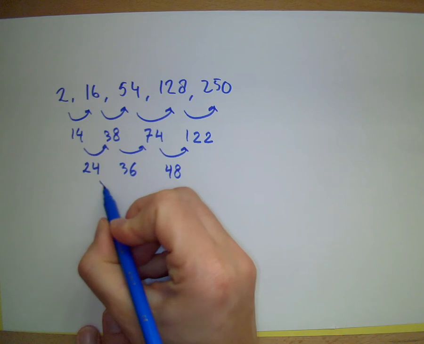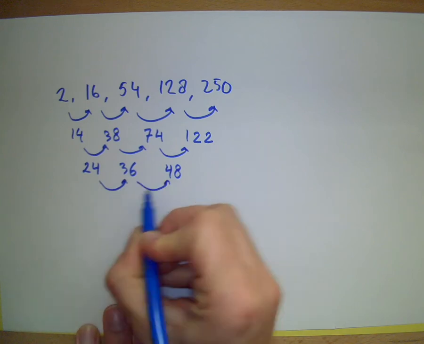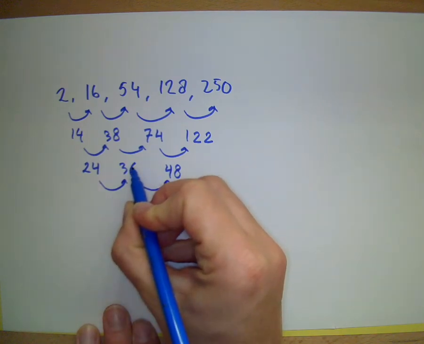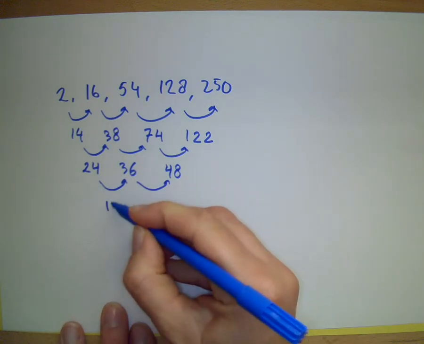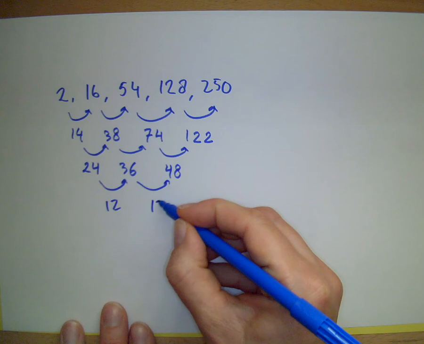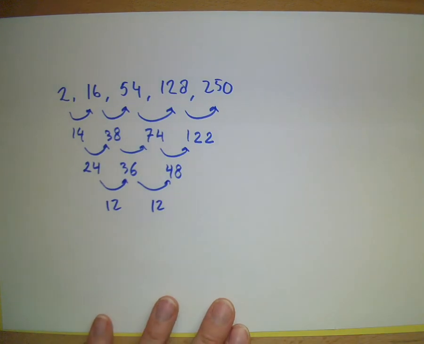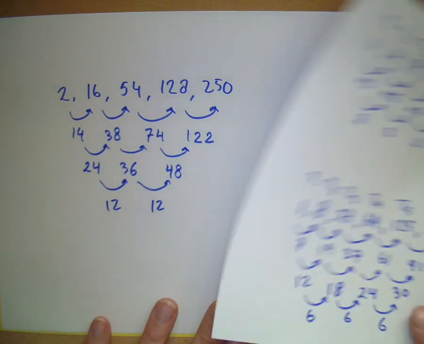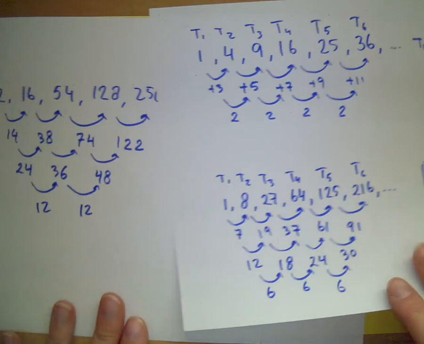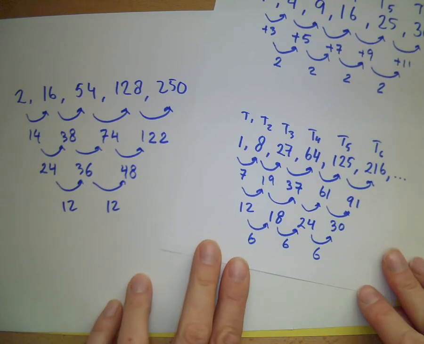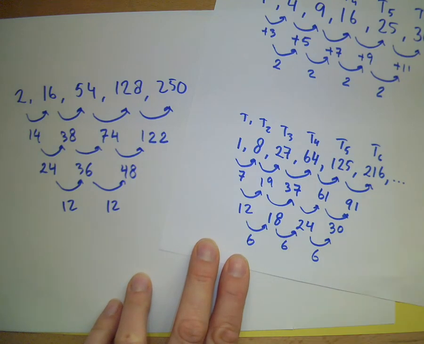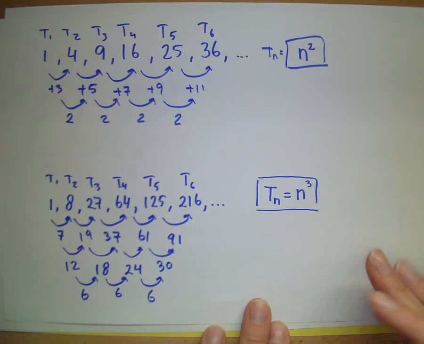Let's see if we add another layer, find the differences between the differences, see what happens here. The difference here is 12, the difference here is 12. Oh, that makes me feel good. That reminds me of our n cubed sequence.